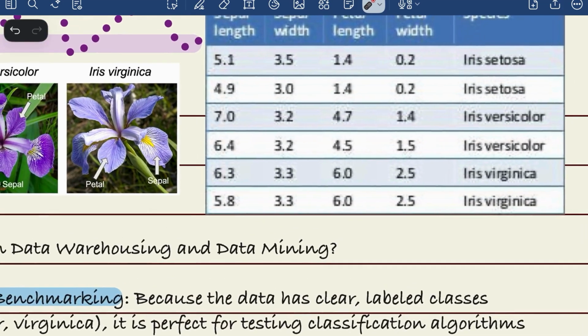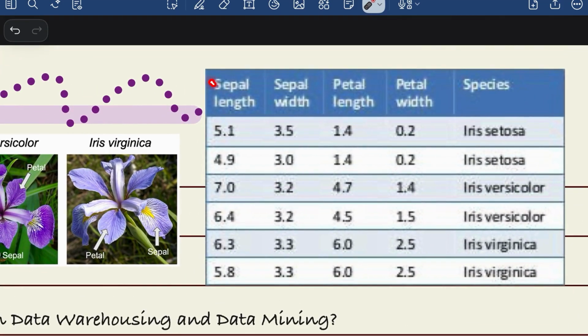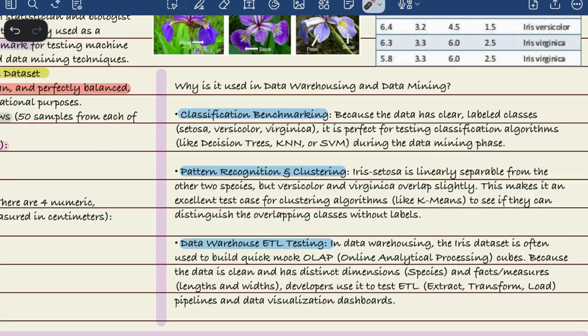So you see over here, this is the dataset. You have sepal length, sepal width, petal length, petal width and the species. So why do we use it in data warehousing and data mining? What is the reason? First is classification benchmarking.